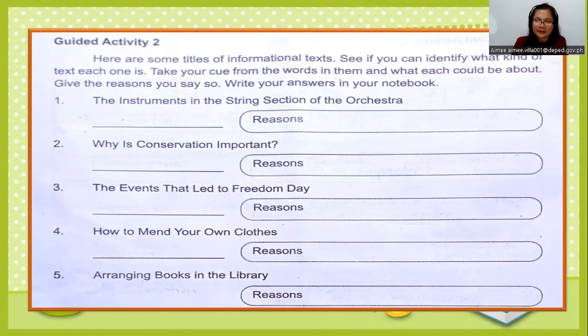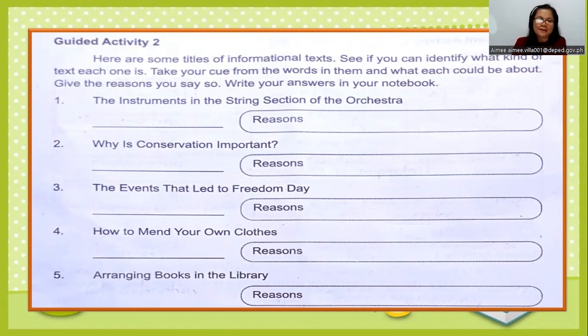Number 2, why is conservation important? Remember the word why. Very good. Explanation. What's the reason? The text will give reasons why this is important.